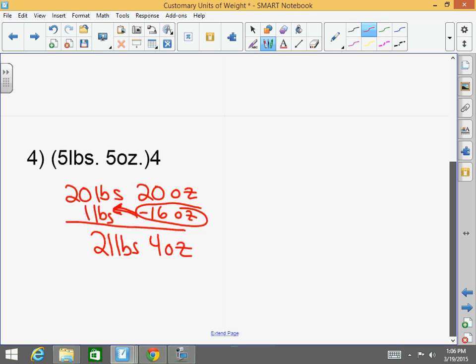So I put it over here as 1 pound because there are 16 ounces in 1 pound. Anytime you take away from one unit, you got to add to the other unit. You're adding to one unit and subtracting from the one you're taking it away from. May I continue, gentlemen?